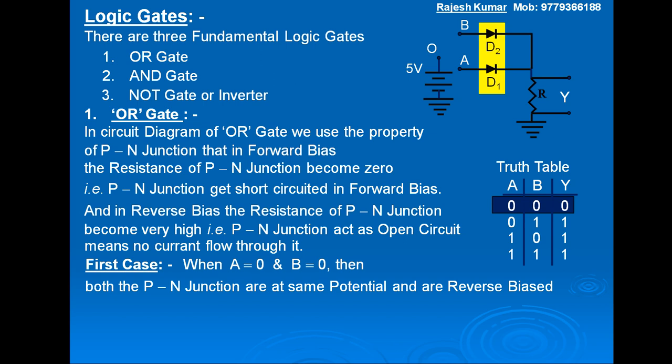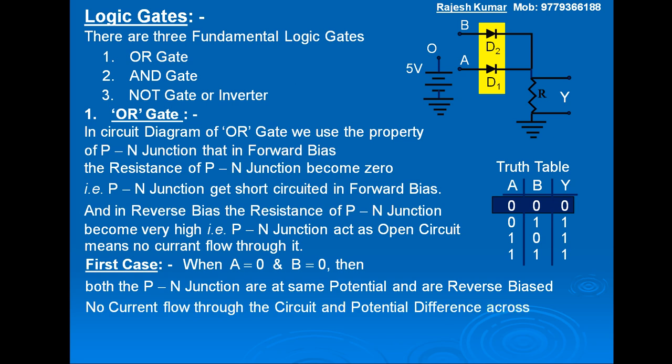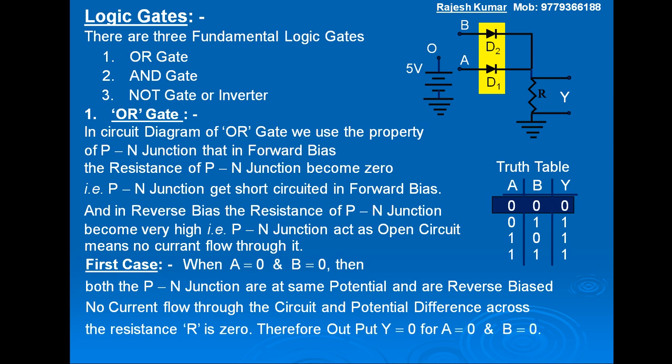Across both the junctions the potential difference is zero. That is, both P type and N type are at the same potential, so no current flows through it. No current flows through the circuit, and the potential difference across the resistance R is zero. That is, output Y is equal to 0 for A equal to 0 and B equal to 0.